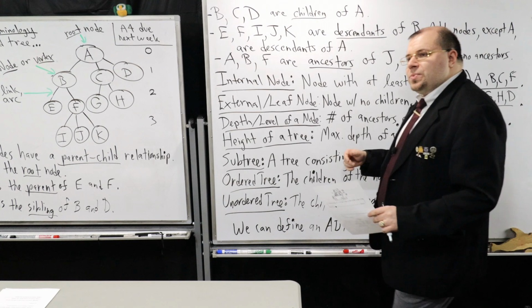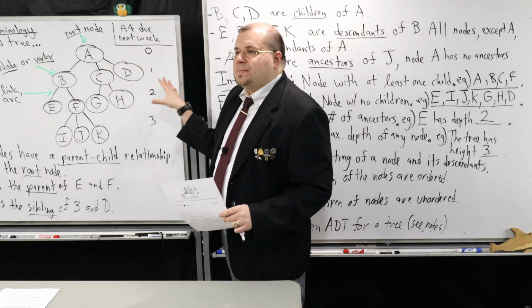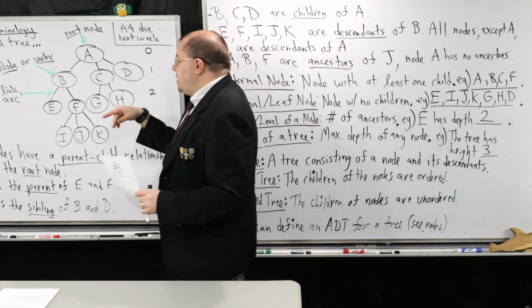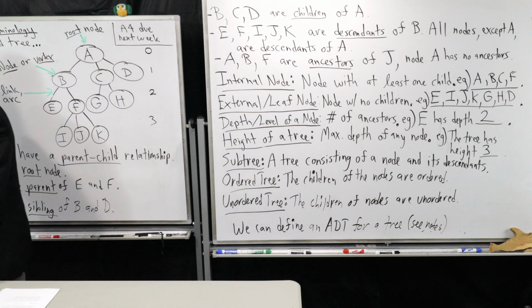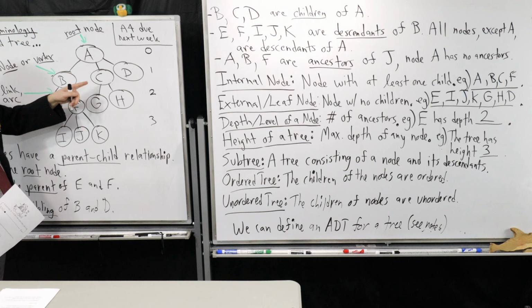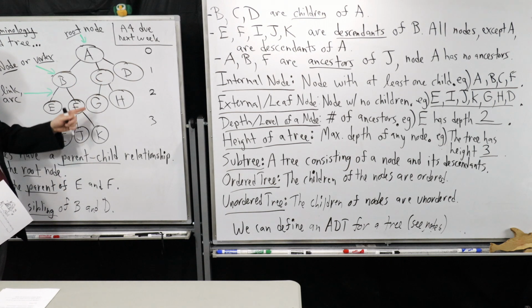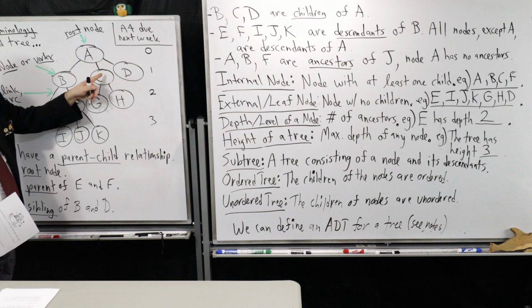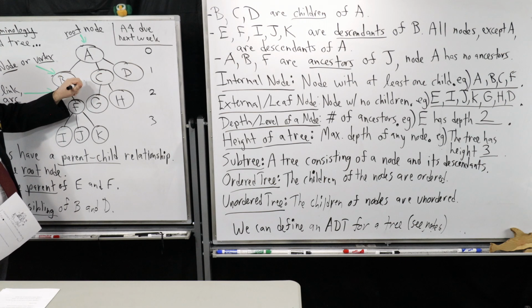So what I can do is if I give you a tree that looks like this, what a subtree would be in this example is, say, for example, I wanted to have the subtree that's rooted at C. All it is is this node and all of its descendants.